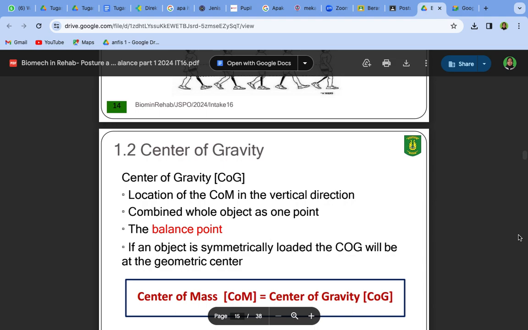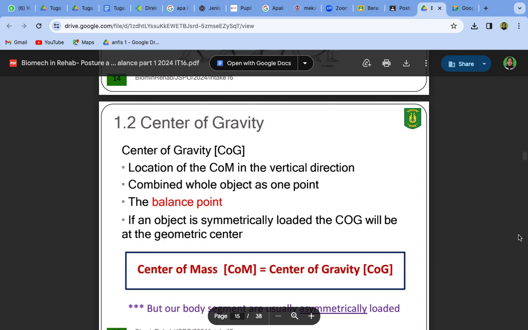Another definition is that COG is an application point of the resultant gravitational force on the body. Such a point may not exist, and if it exists, it is not unique. One can further define a unique center of gravity by approximating the field as either parallel or spherically symmetric.